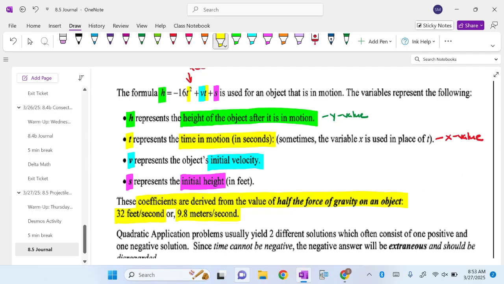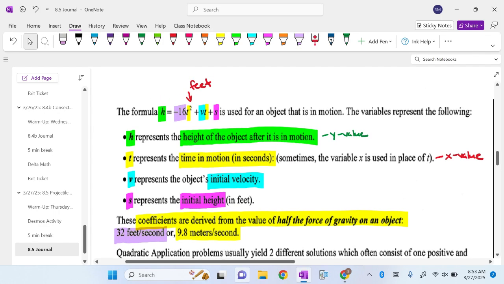You may have heard about that in science, but there's already a velocity for gravity, and it's either 32 feet per second or 9.8 meters per second. That's why these coefficients are what they are. That's why we have negative 16 here. It's half of that.